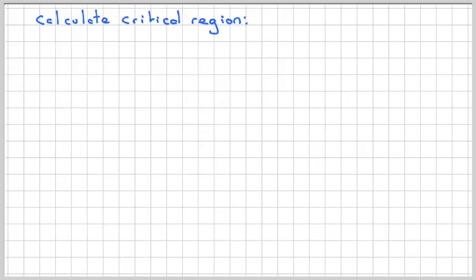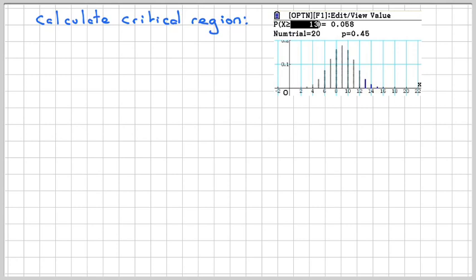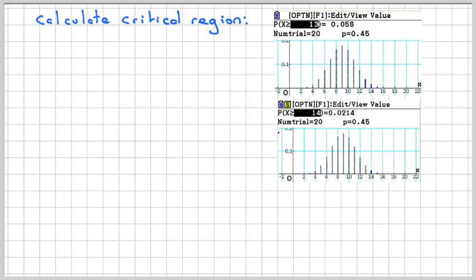So this is slightly different to the other way of doing it. So you'll need to do a little bit of trial and improvement on your calculator. So for example here, we've got the probability of X being greater than 13 is 0.058. If you want this to more decimal places, put it on, highlight it, put option F1. Where the number of trials is 20, the probability of success is 0.45.